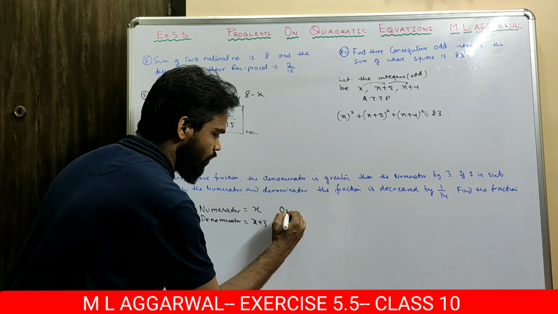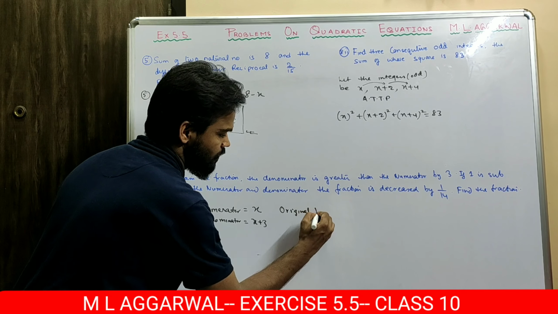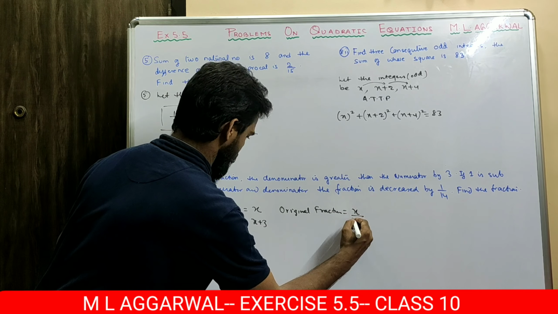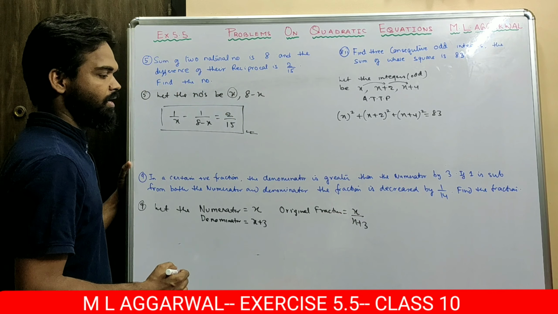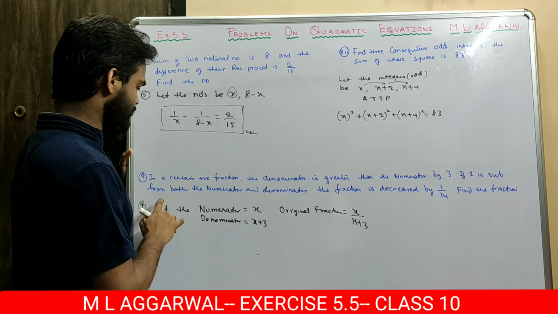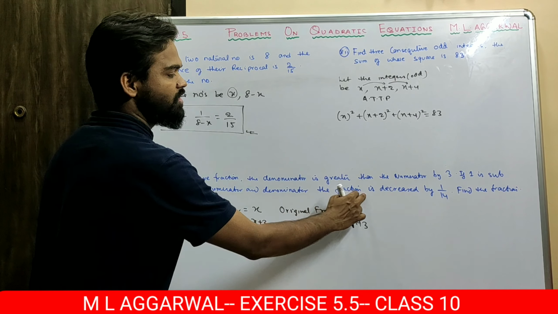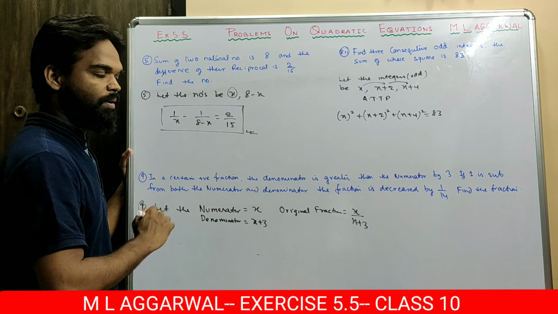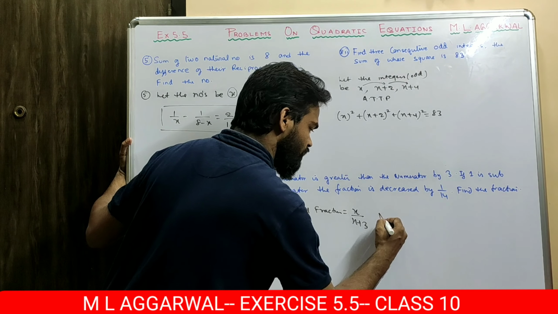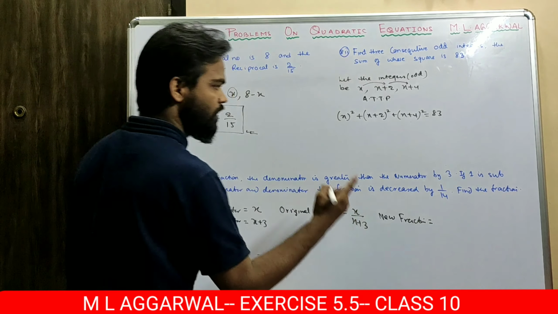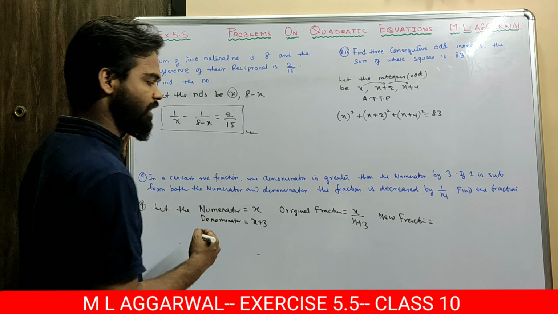And your original fraction is x by x plus 3. Now look, if 1 is subtracted from both the numerator and the denominator, the fraction is decreased by 1 by 14. Now your new fraction is, they told, 1 subtracted from both the numerator and denominator.